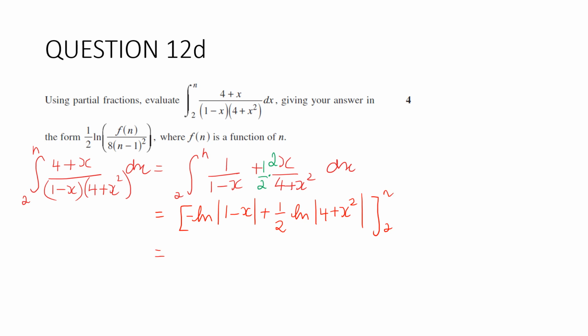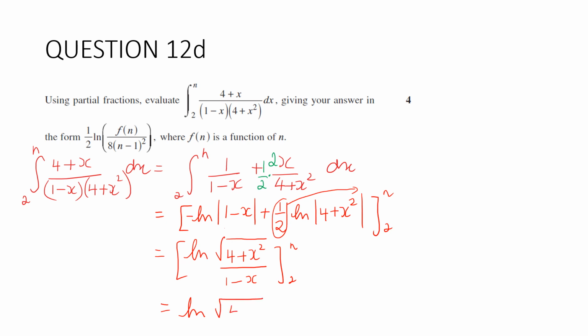We're going to end up with ln, I'm going to bring this half up the top here, so that'll be the square root of 4 plus x squared, divided by, because of this negative here, 1 minus x, in between 2 and n, equals ln square root of 4 plus n squared over 1 minus n, take away ln square root of 8 over negative 1.